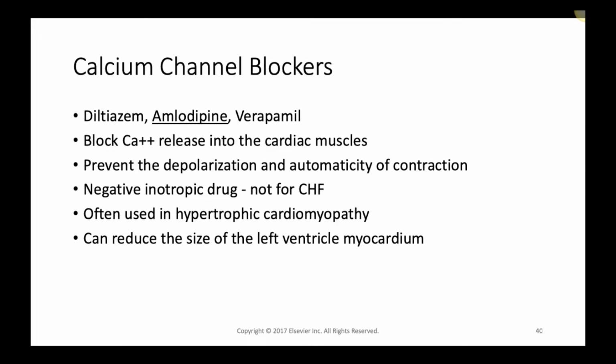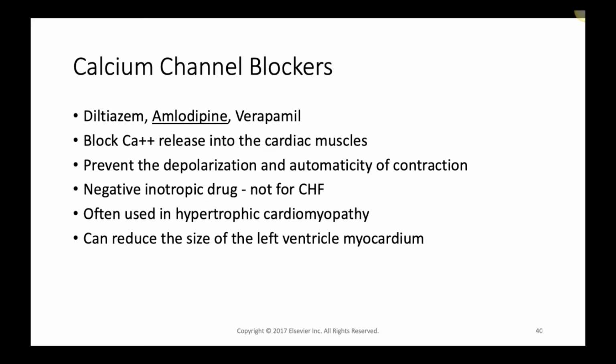So then we have calcium channel blockers: diltiazem, amlodipine, and verapamil. They block the calcium release into the cardiac muscles, and they prevent the depolarization and automaticity of contraction. They are negative inotropic drugs, and we don't want to use those for congestive heart failure.